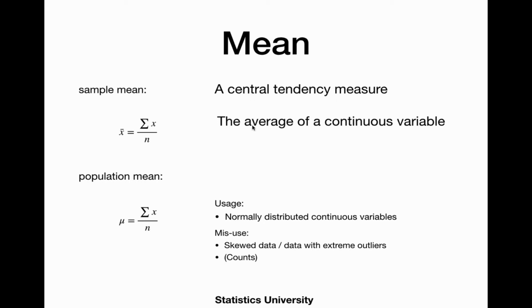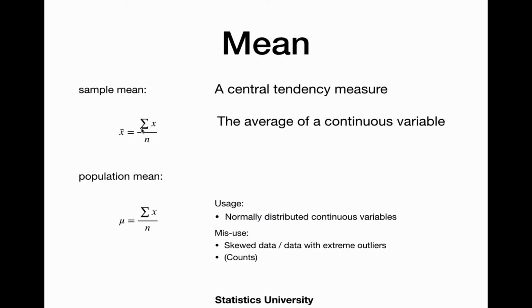The mean is the average of a continuous variable, and here's the mathematical denotation of the sample mean and the population mean. And later in this course we will explain the difference between sample and population measurements. But the sample mean is the thing that we tend to work with in our data analysis, and it's denoted by a bar over x.